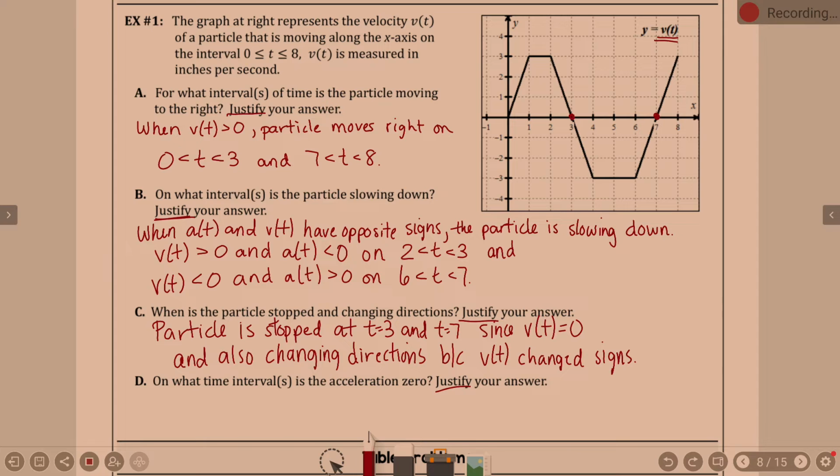Okay, so one option of explanation is when the velocity is constant. And when velocity is constant, that means the acceleration is going to be 0, right? Because that's a 0 slope. So when velocity is constant, a of t equals 0, and that's happening on those two intervals there.